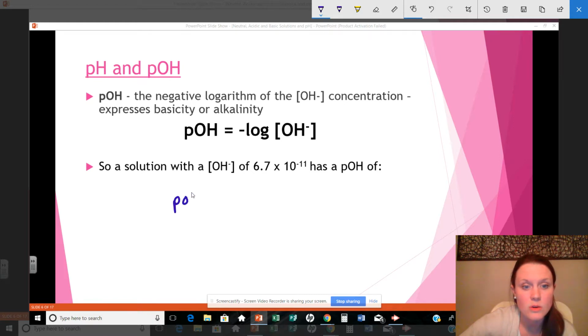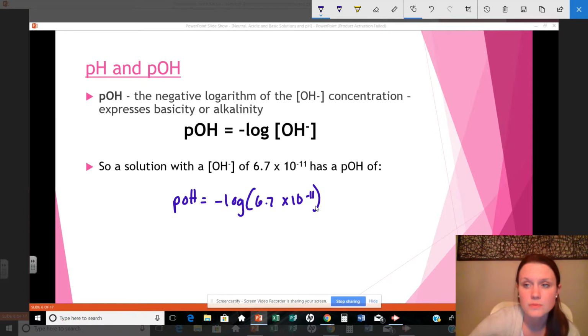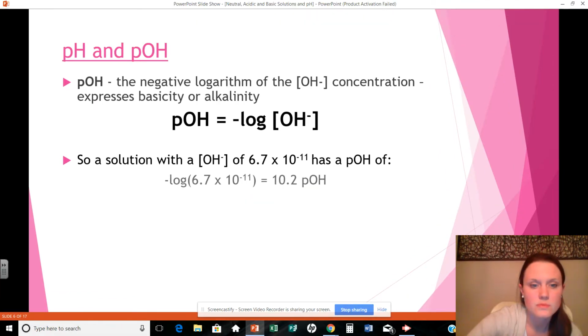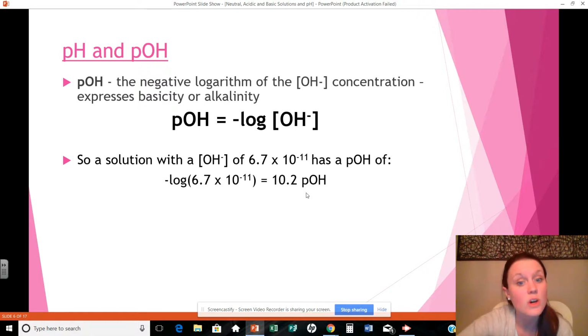So pOH equals the negative log of 6.7 times 10 to the negative 11th. Plug that into your calculators. You'll find that this particular solution has a pOH of 10.2.